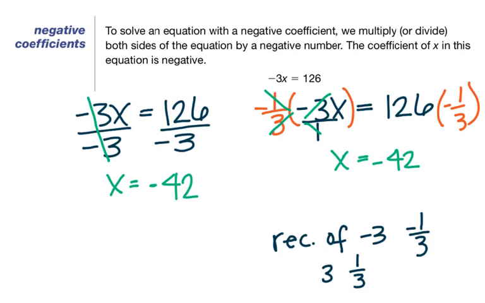So if you were to ask me which way I prefer, it's the first method right here. But I want you to know that multiplying by the reciprocal is the same as dividing over here.